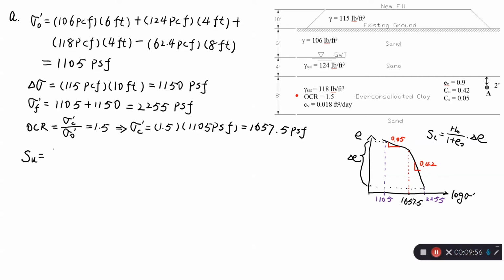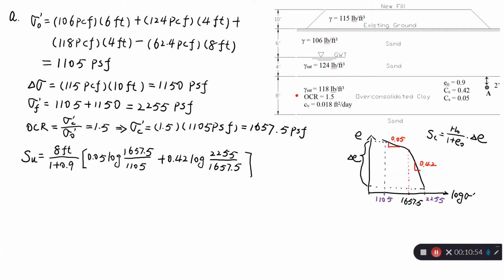H naught is the original thickness, so 8 feet, over 1 plus the initial void ratio of 0.9, times 0.05 log of the pre-consolidation stress over the initial stress, plus 0.42 log of 2255 over 1657.5, right?